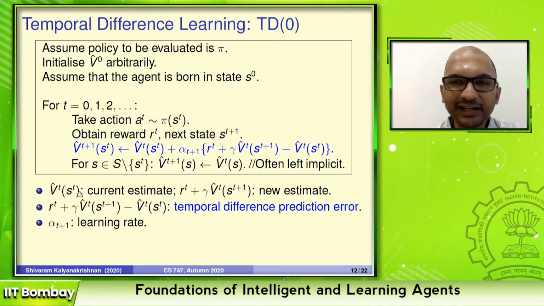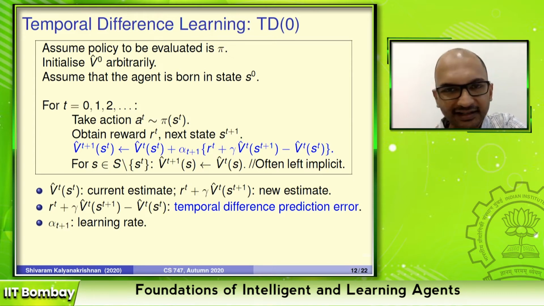So Vt of st is our current estimate of the value of st under pi. We want to change that to something else. The new bit of evidence that we have came because by taking action AT, we got reward RT and next state ST plus 1. So we are going to bootstrap, use our current knowledge of what happens from ST plus 1.